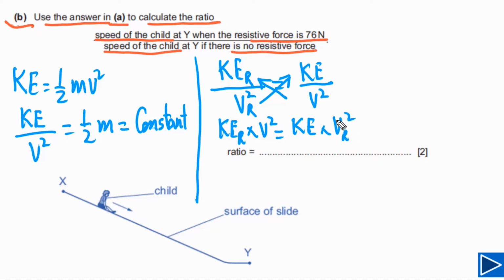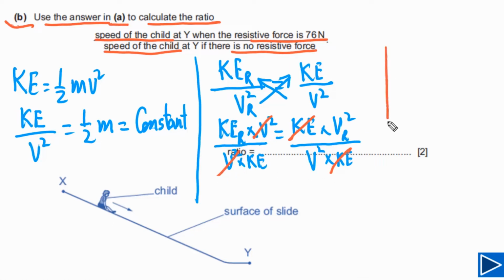We need to find the ratio between VR and V, so we divide this side by V square times KE. Now we can cancel out kinetic energy with kinetic energy, and V square with V square. So simply we are left with KE R divided by KE, which is equal to VR square divided by V square.